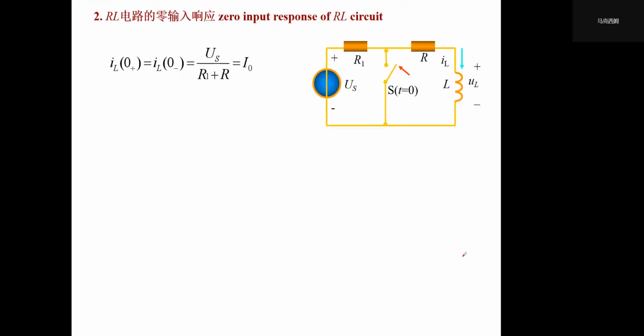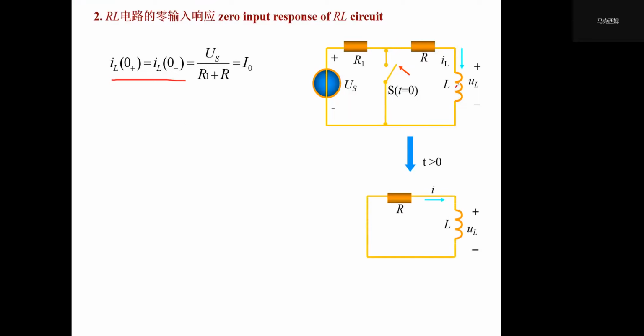We know that the current of the inductor cannot jump, so it will remain the same before and after switching. Before we close the switch, the inductor actually behaves like a wire, because in the steady state of a DC circuit, it works like a wire.